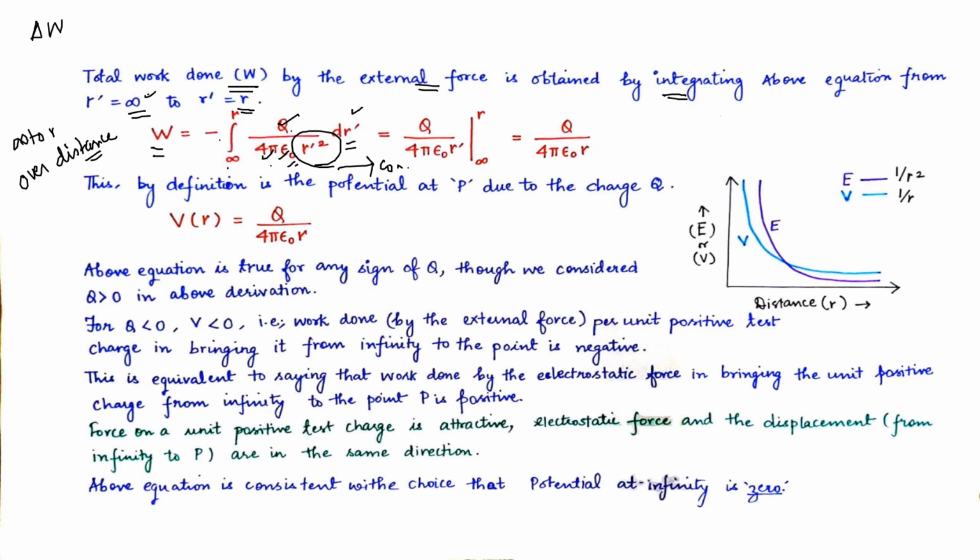So the integrated value we will get is Q by 4 pi epsilon naught into the integral of 1 by R square dr, which is integrated as R to the power minus 2 plus 1 divided by minus 2 plus 1. So we will get R to the power minus 1 by minus 1, which is minus 1 by R. That is how it is integrated.